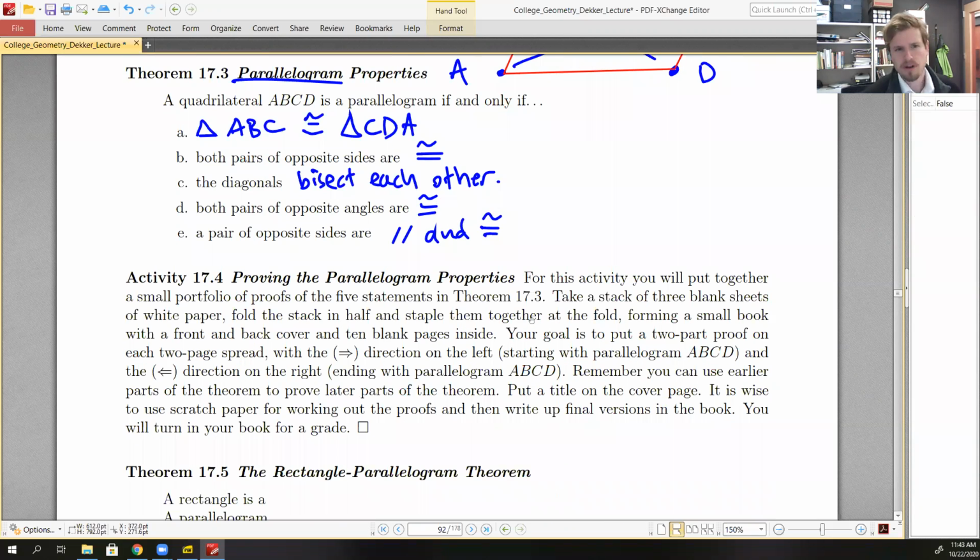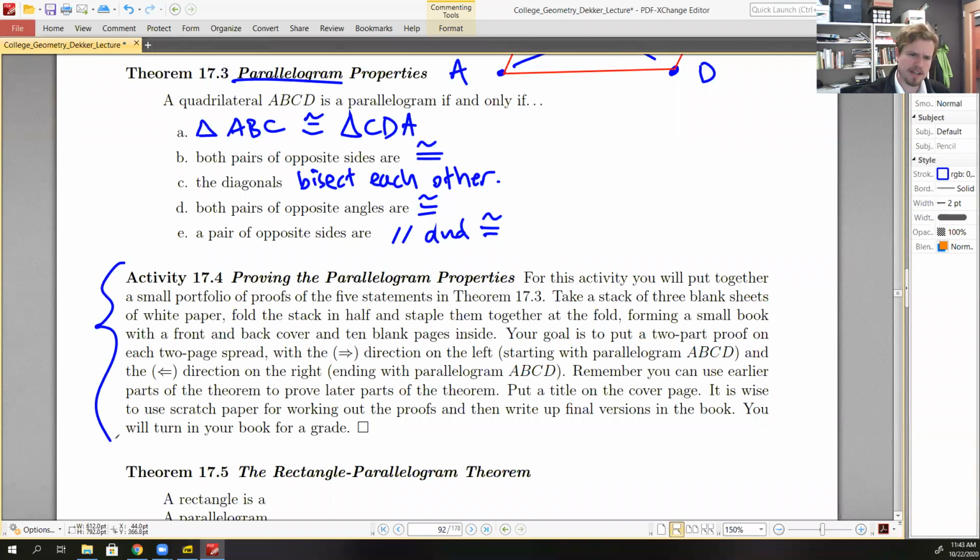So for the proof of this theorem 17.3, what we have is actually an activity. The goal is for you to take 5 sheets of paper and staple them all right down the middle. That will give you a booklet with 5 folds, okay, 5 openings.